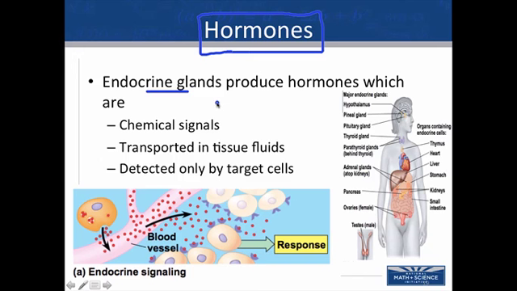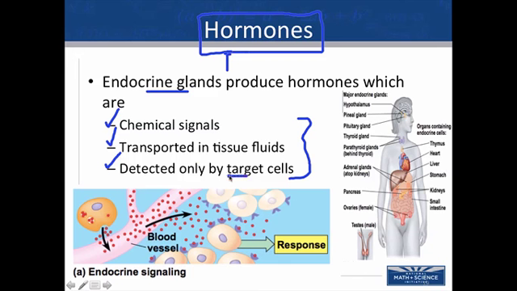And they're important communicators, and you'll recognize them because they are chemical signals, and hormones are chemicals that are transported in tissue fluids like the bloodstream, and they are detected only by their target cells. So together, these characteristics or traits make a chemical be called a hormone because they are produced by an endocrine gland, they act as signals, they're transported in the tissues, and they have a target cell.